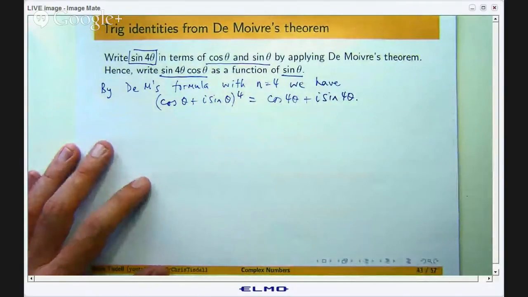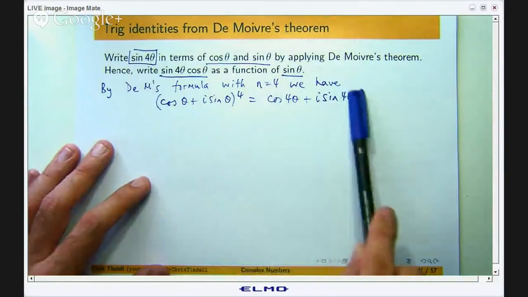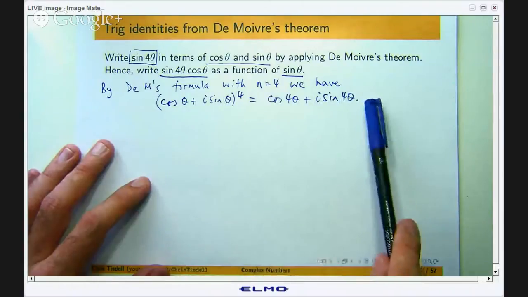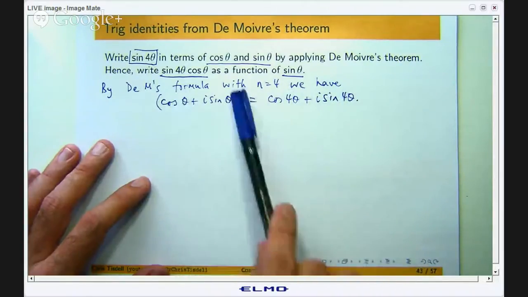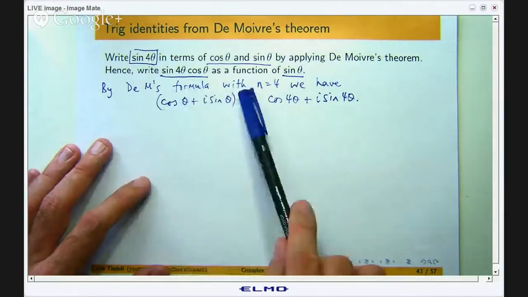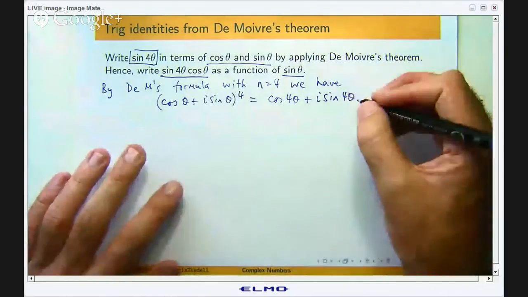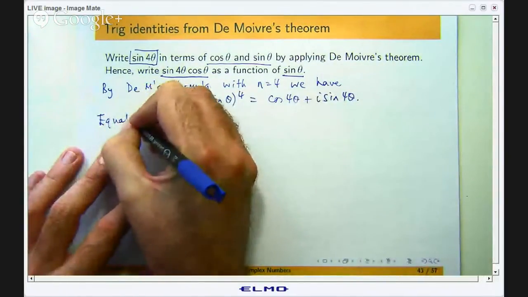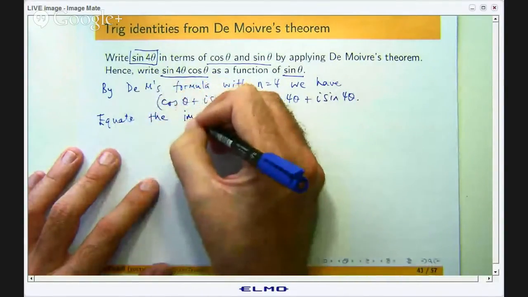Okay, so we have sine 4 theta as the imaginary part of the right-hand side. Now, because these two expressions are equal, the imaginary part of this side must equal the imaginary part of this thing. We don't know what that is yet, but we will work it out. Okay, so we're going to equate the imaginary parts.